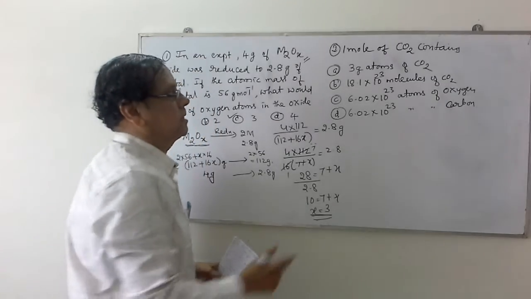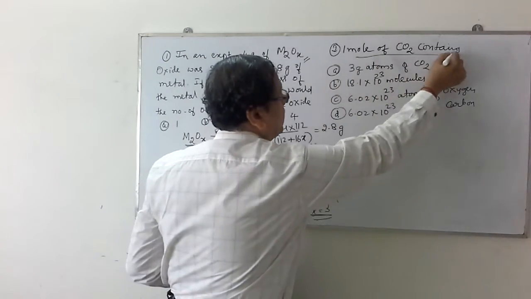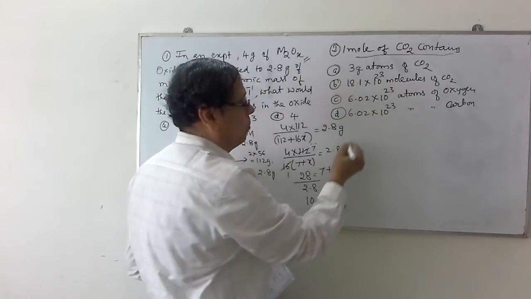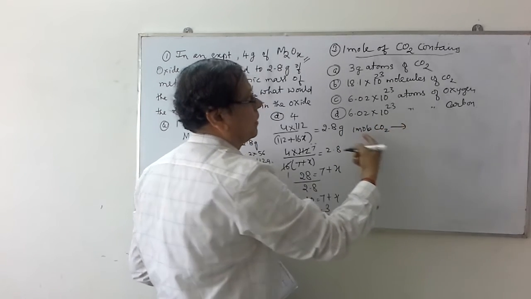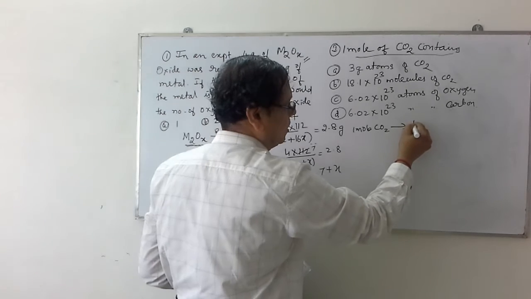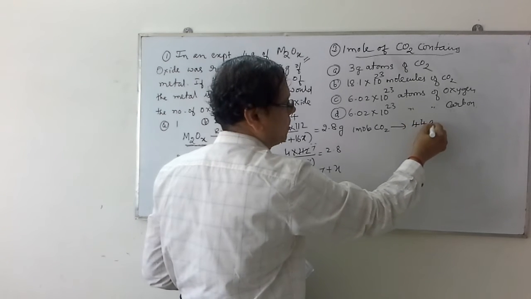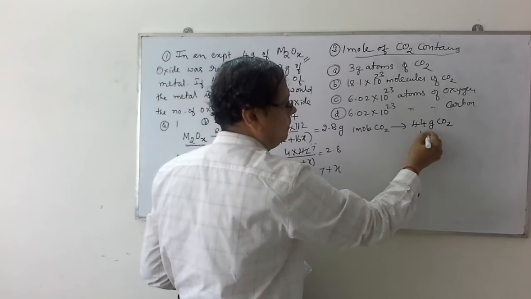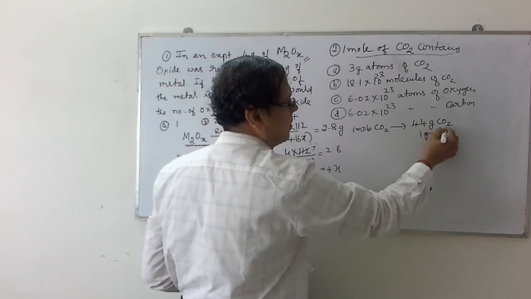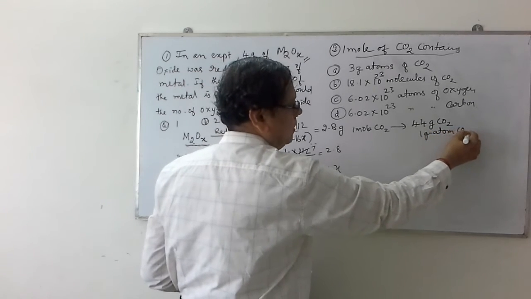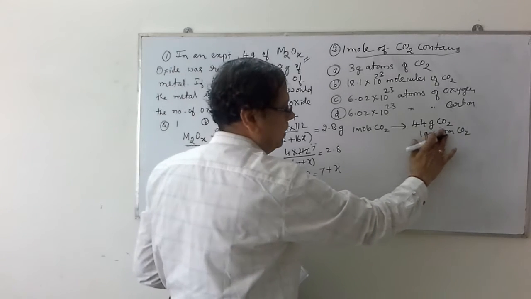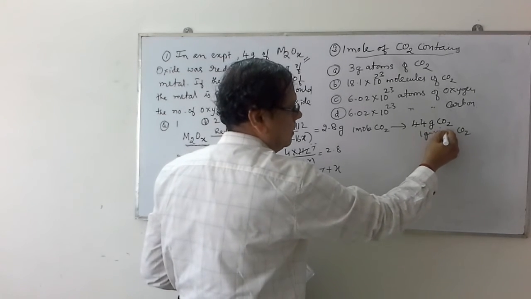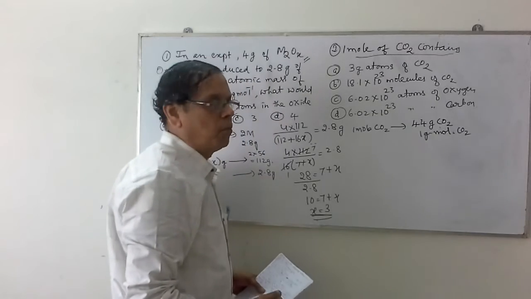Now just remember, 1 mole of carbon dioxide is 44 grams of carbon dioxide, which is named as 1 gram mole of carbon dioxide.